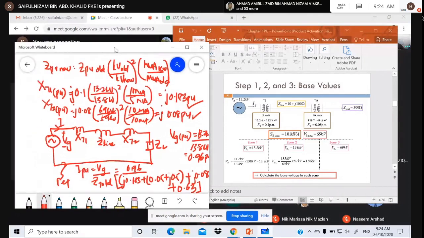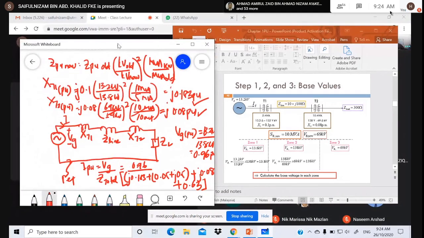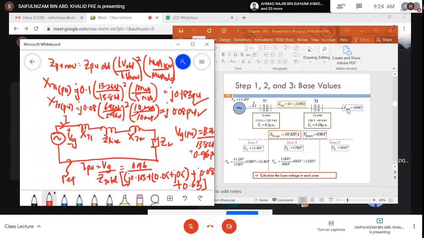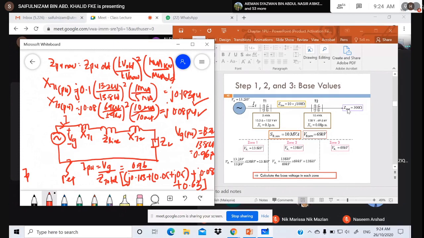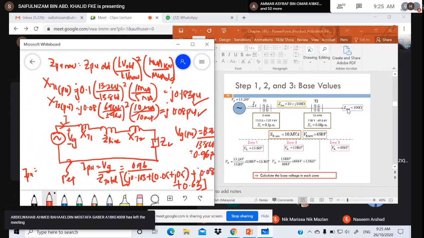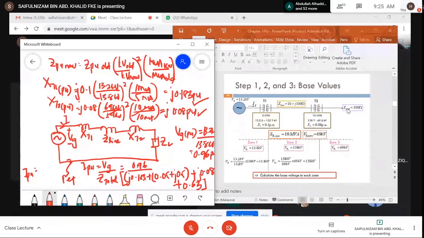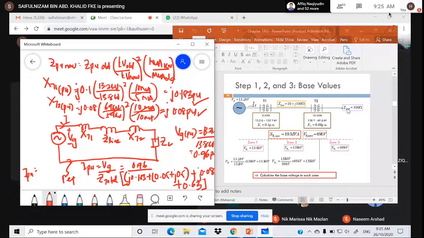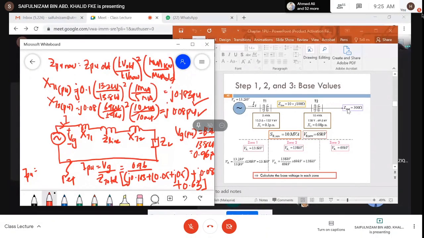What do you get? Make sure you are familiar with this complex number manipulation.